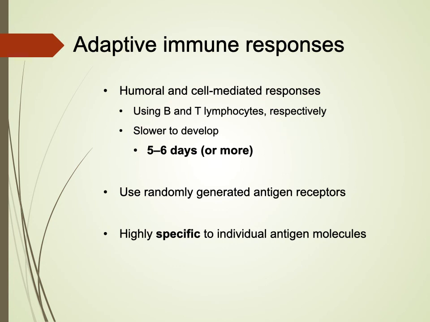So, if we think about the different combinations, because of the genes that are present, we can have millions of different possible receptors. And so that leads to a highly specific response, so that it is directed towards a specific antigen.